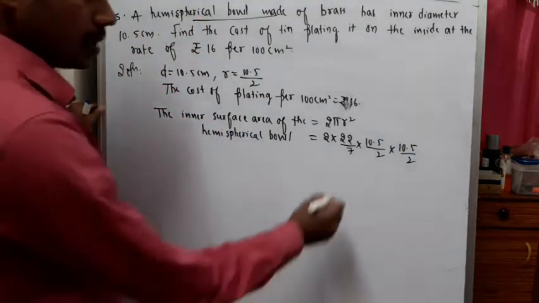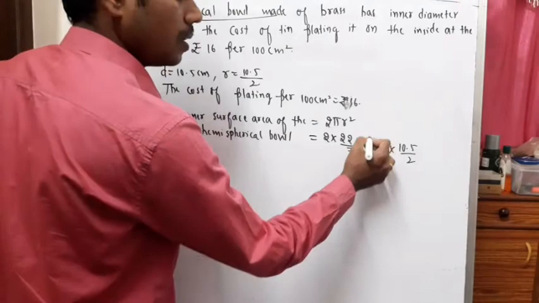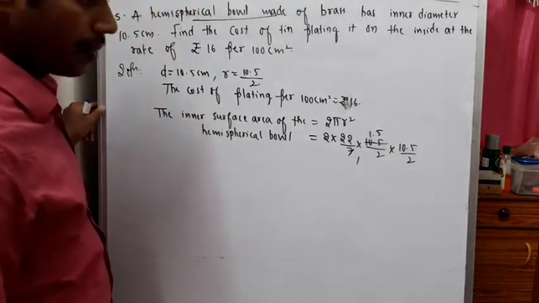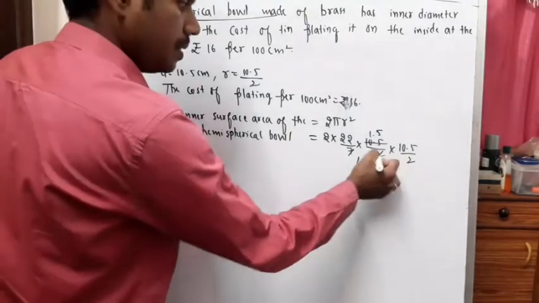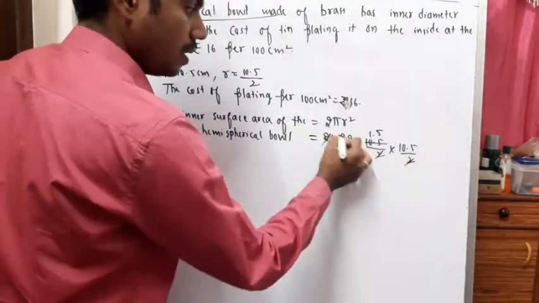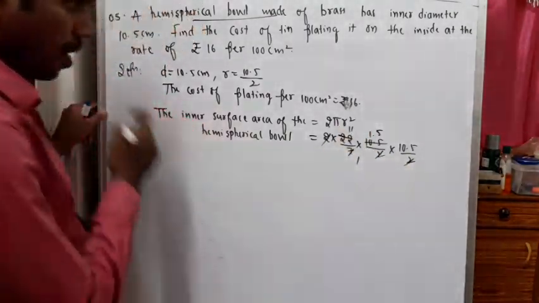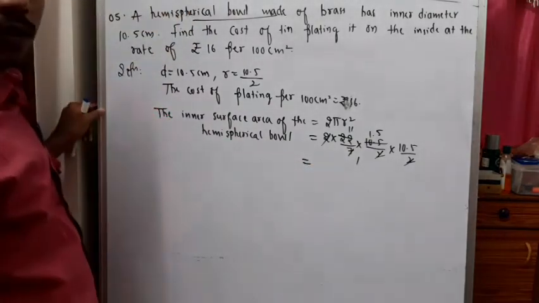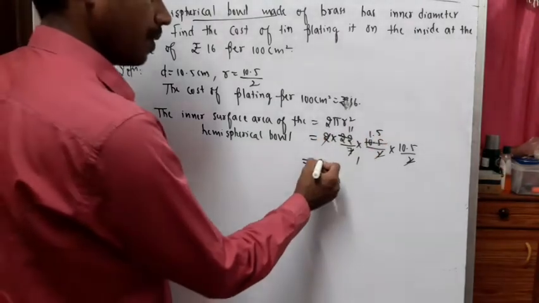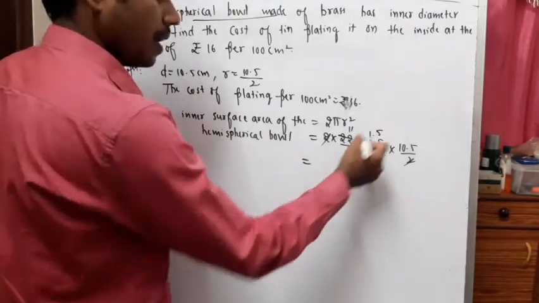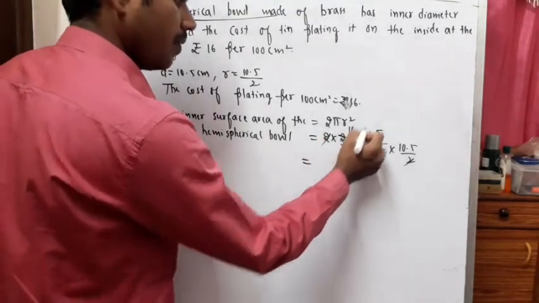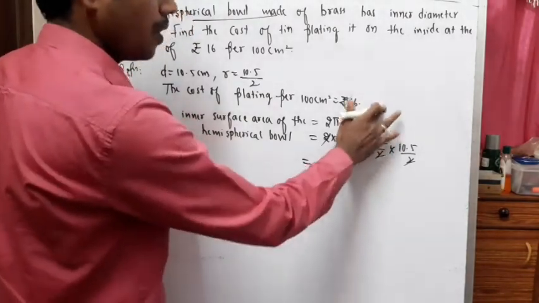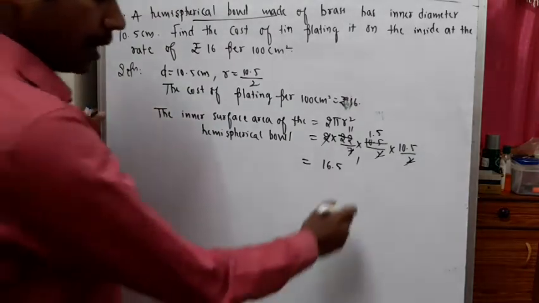Okay. 7 1 the 7, 7 5 the 35. These two will get cancelled. 2 1 the 2, 11 the. Okay. Now, what we have? 11 into 1.5 is nothing but 16.5, into 10.5.